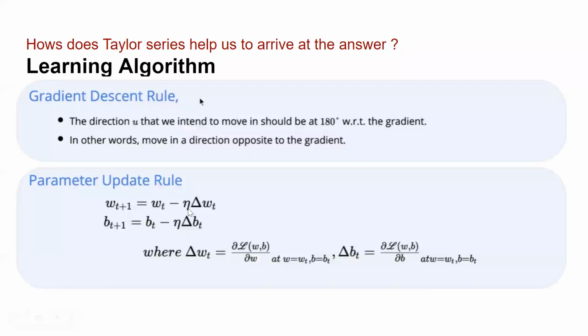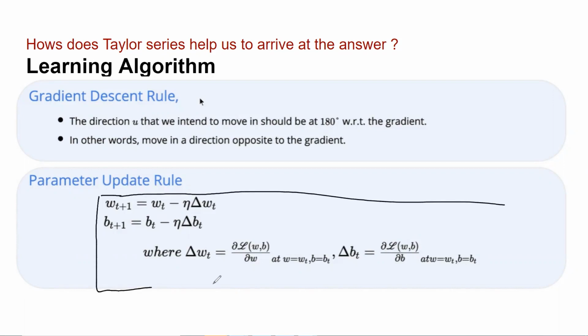That's why at the beginning I told you that if you can understand the value of this delta W as dL by dW, right? So we have seen now that delta W is equal to dL by dW, the gradient. Are you clear with this update rule?